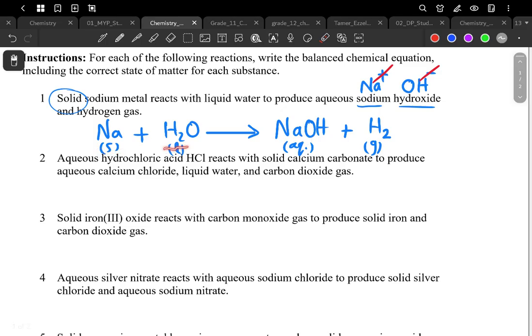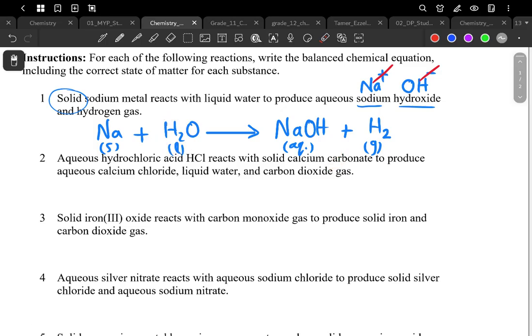Hydrogen: H2 here, and here it is 2. But here, guys, you should be aware that there is one hydrogen atom here and 2 atoms there. This is one of the things that many students make mistakes in, because they just count the hydrogen here. No, also count this hydrogen, because we count all atoms of hydrogen on this side. So actually we have 3 hydrogen atoms on this side and 2 hydrogen atoms on this side.